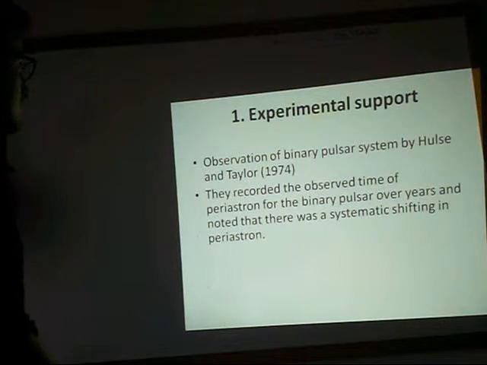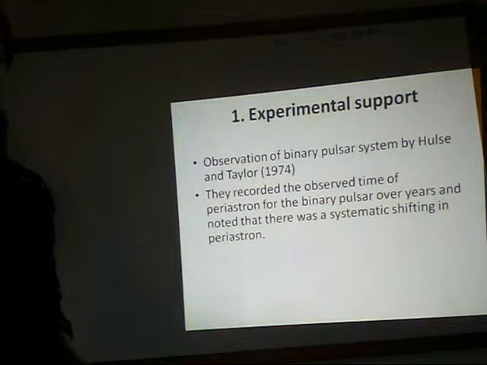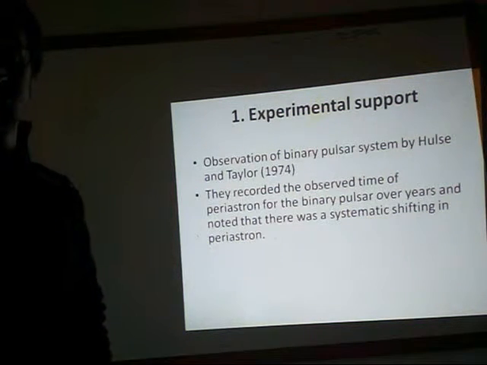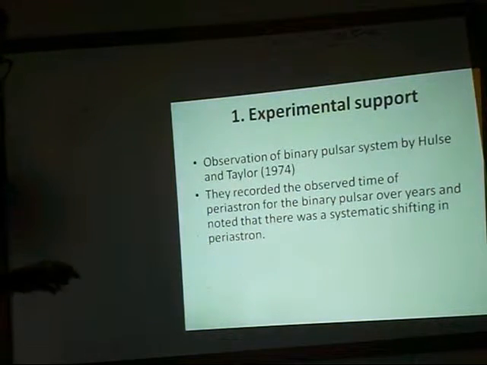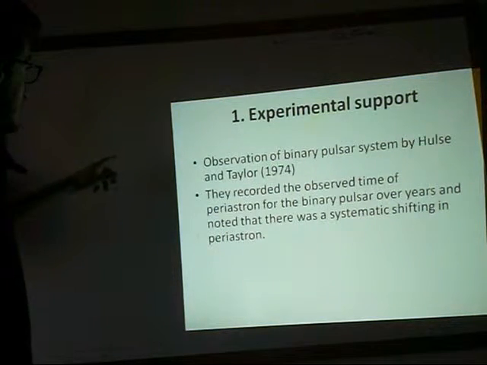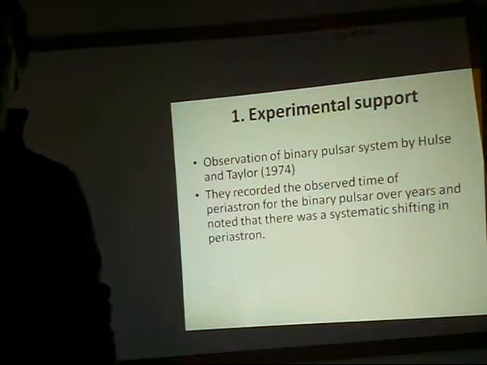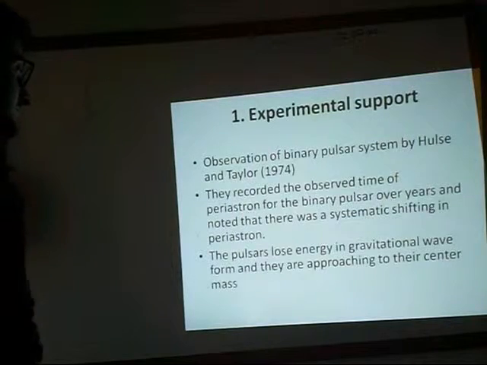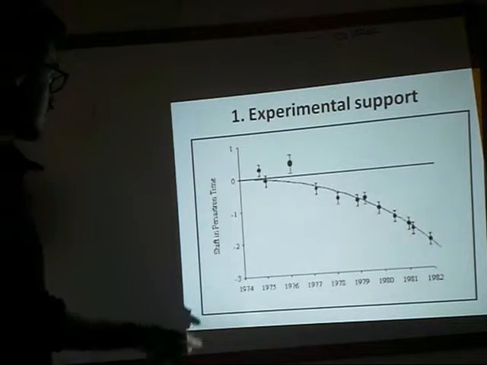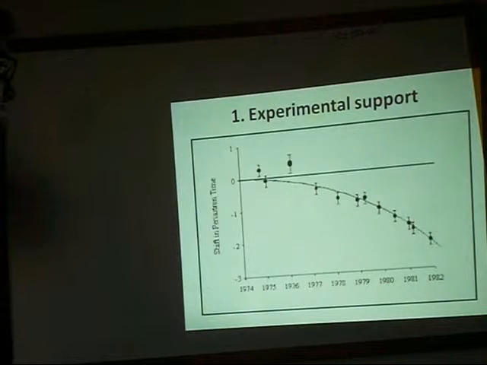Why does this occur? Because the pulsars lose energy, through gravitational radiation. The bodies are accelerated because they rotate, and for that they lose energy in the form of gravitational waves. And this is the representation of the periastron time shift in years.